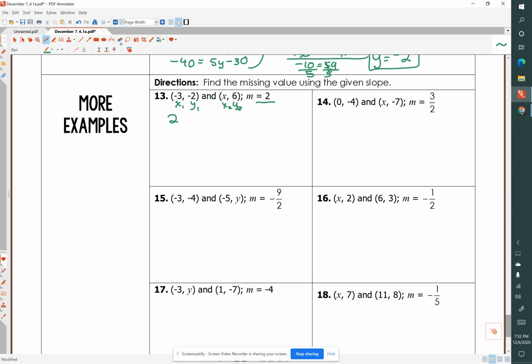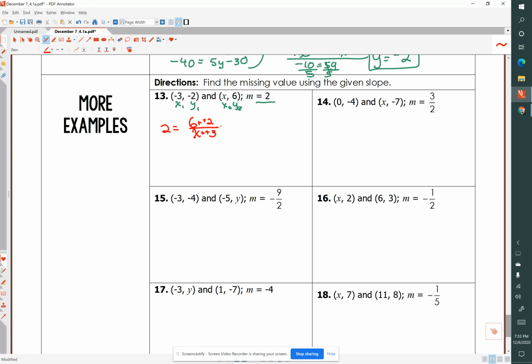I'm going to actually move that 2 down and change the color to make it a little clearer. So 2 equals 6 minus negative 2 divided by x minus negative 3. So these become pluses because when we subtract a negative, you just add.